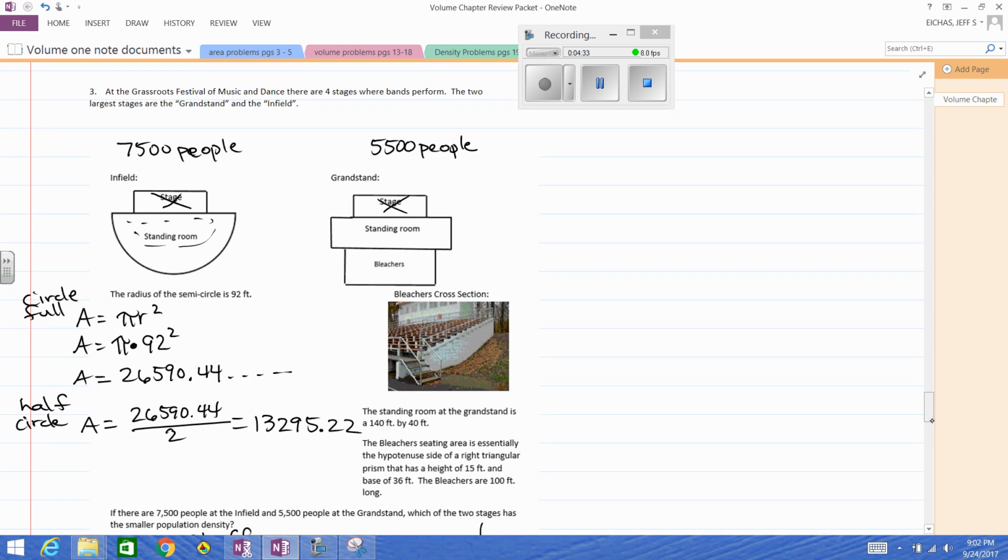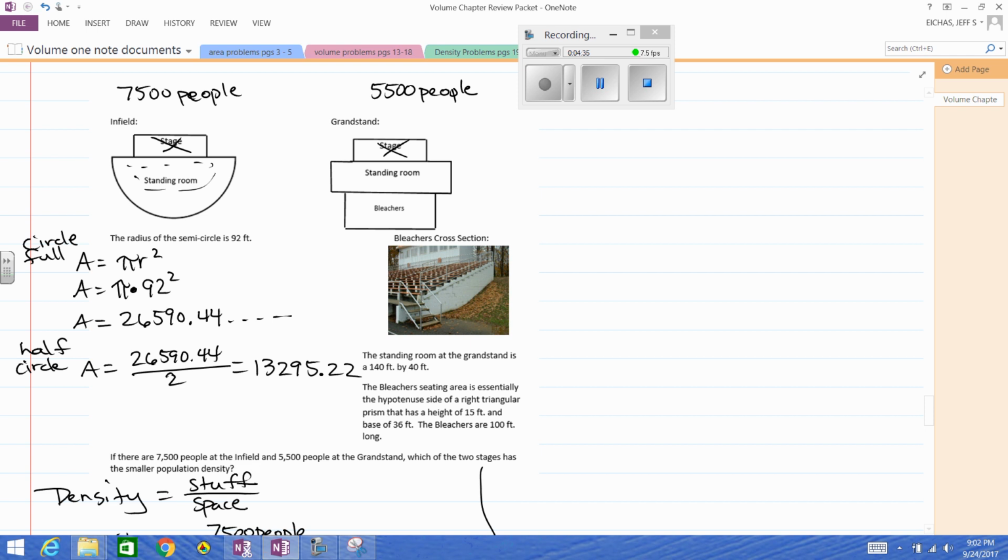And we're just going to compare that to what's over here at the grandstand. Now the grandstand's got a little more involved with it. What it appears is we have a rectangle, and actually it's two rectangles. The second rectangle is going to be a little strange. So this is the standing room rectangle, and we're going to have a bleacher rectangle.